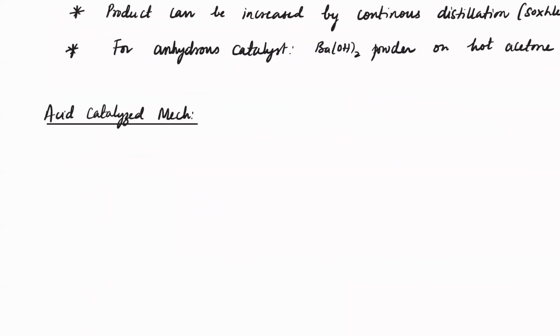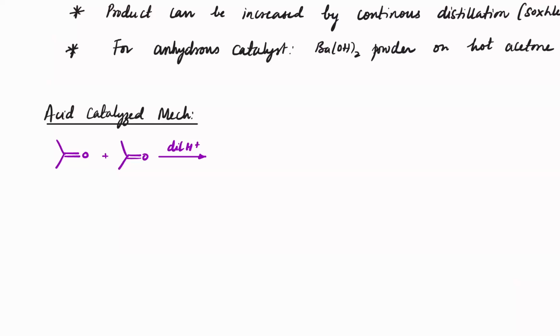Correct. In the case of ketones, how will the acid catalyzed mechanism take place? See, if I have a ketone here and react it with one more ketone in acidic medium, let's say dilute H plus here, this would give us an enol. First I'll write the overall product.